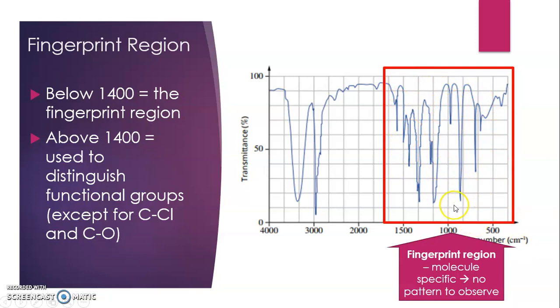Does this help us to identify what it is? Well, not unless you have a huge amount of data and facial recognition software to run through it. Otherwise, it's hard for us to use that region to tell what kind of bond is responsible for what kind of peak, because they're all unique. There's no observable pattern. So normally we don't really use the fingerprint region.